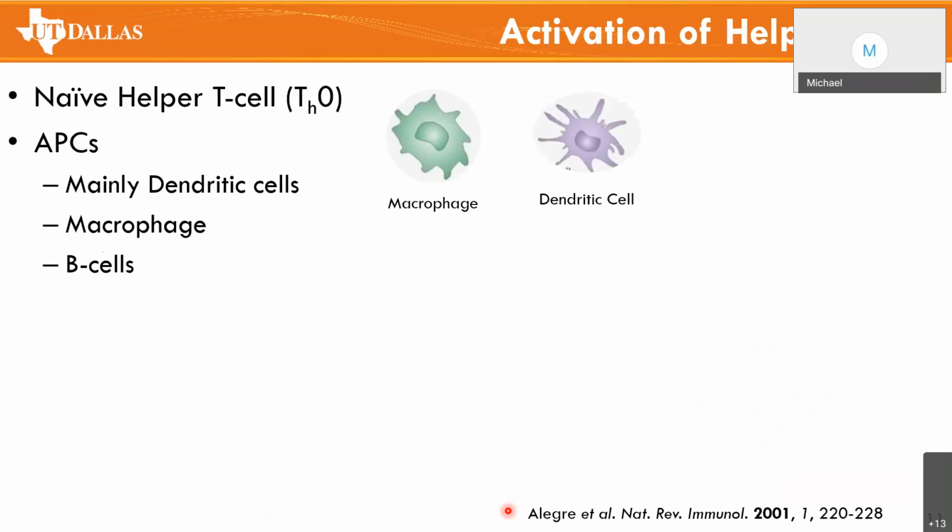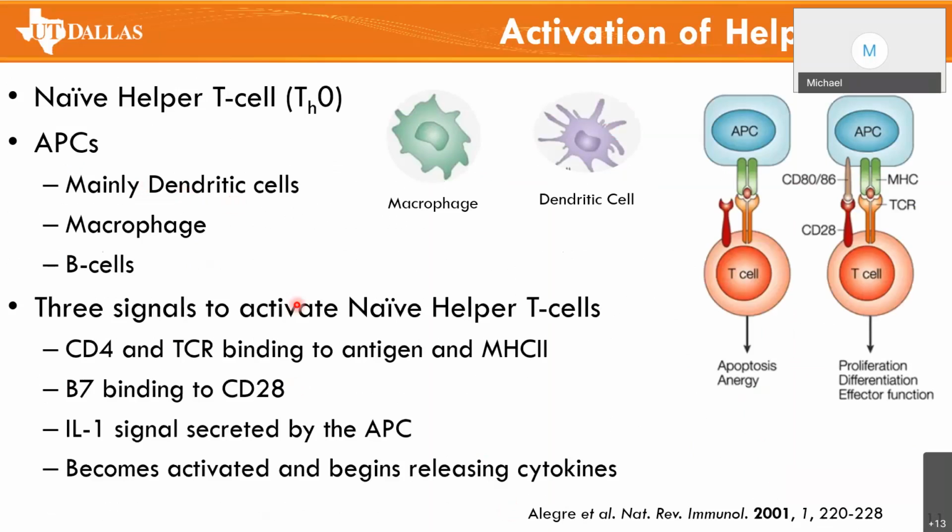So for activation of helper T cells, I mentioned that it was very simple. You just have it attach to an MHC2 molecule. But for naive helper T cells, it actually is a little bit more complicated. These are mainly activated by dendritic cells. And the way it works is you actually need 3 signals to activate a naive helper T cell.